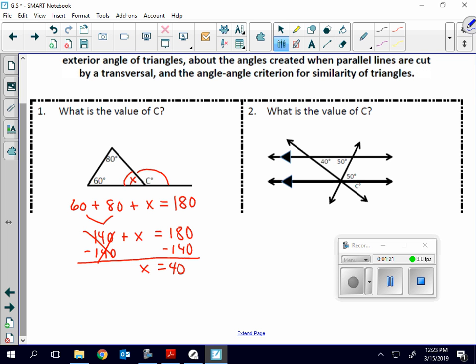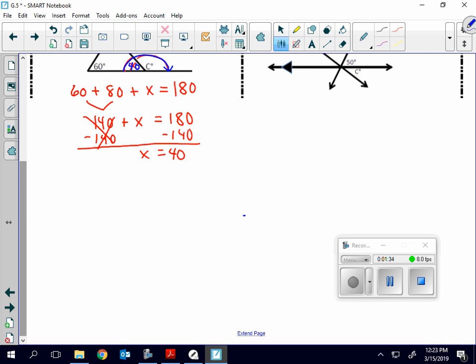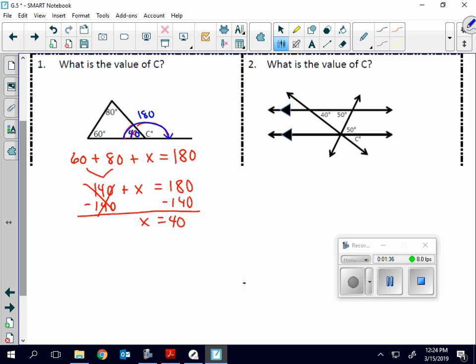So in here is 40 degrees, and we know that this whole thing adds up to 180. So if we know part of it's 40, 40 plus the one we want to find out equals 180.